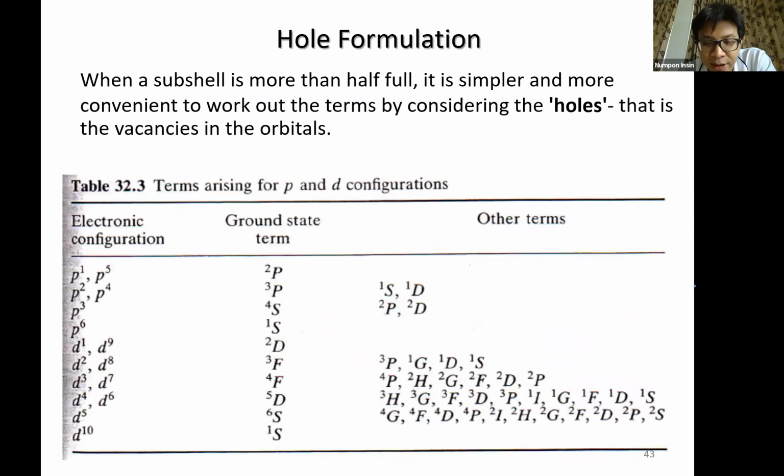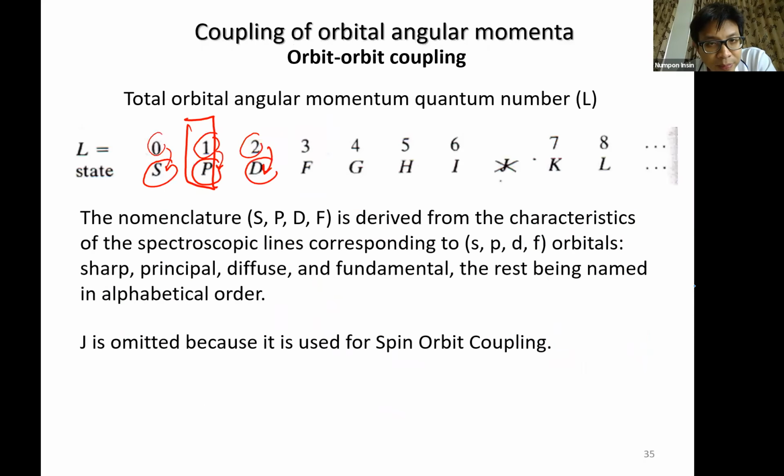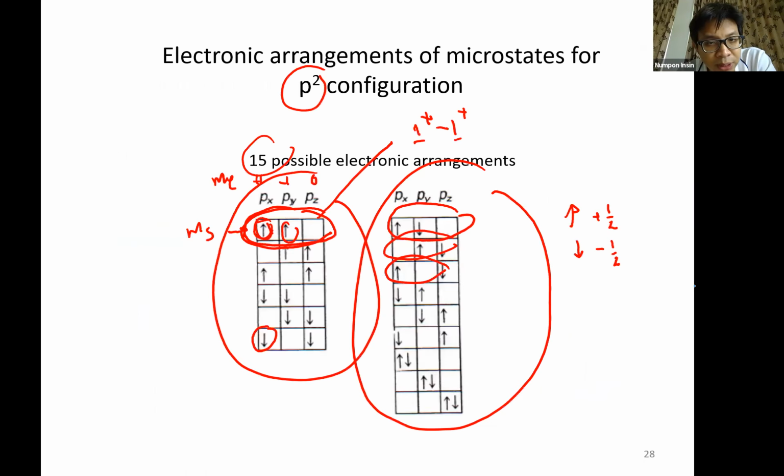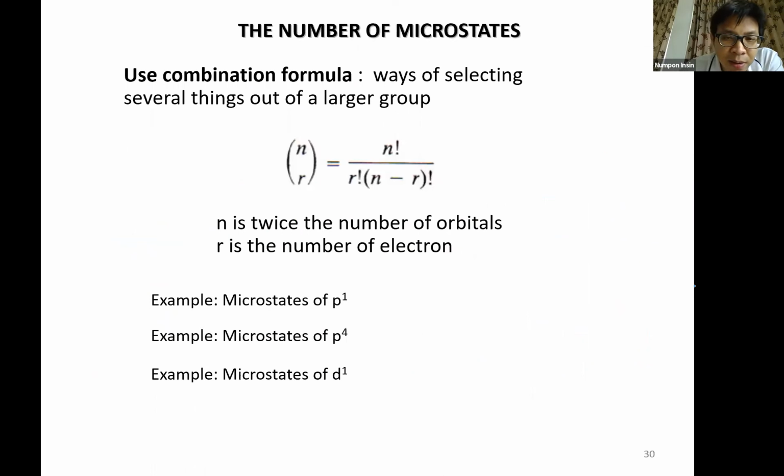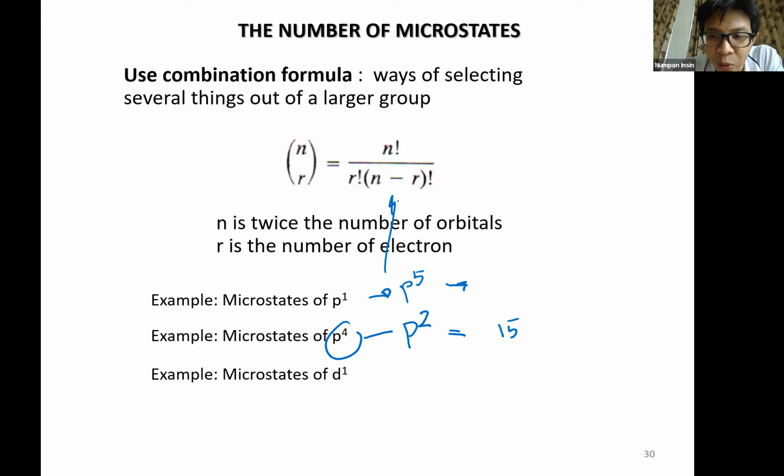Okay, so moving on. If you recall last time, when I asked you this question, P1 and P5 are going to result in the same number, right? And P2 and P4 are going to give you the same value of 15 microstates. P1 and P5, if you put them into this formula, you're going to get 6 microstates.